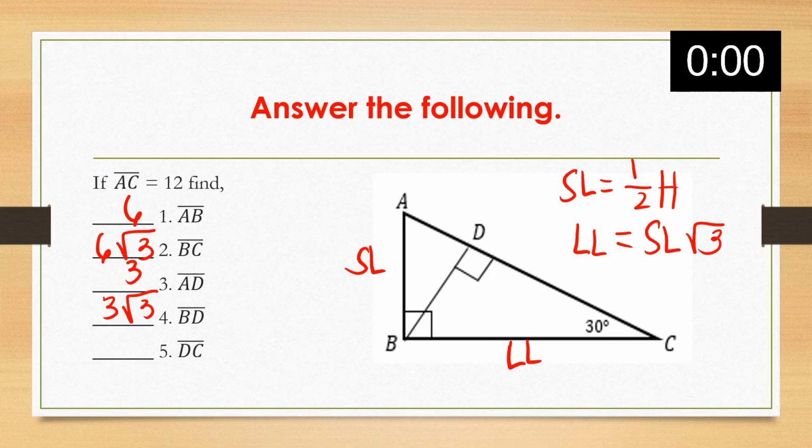Since line segment AD is 3 and line segment AC is 12, we have 12 minus 3. Therefore, line segment DC is equal to 9. Very good. Did you get the correct answers? Good job.